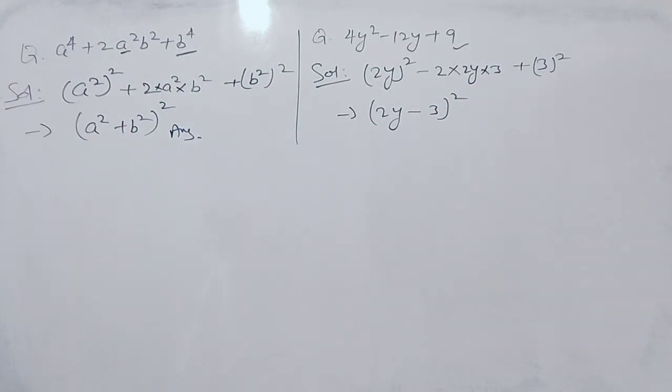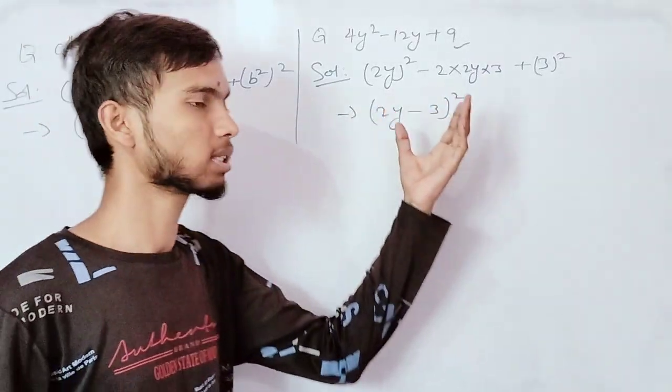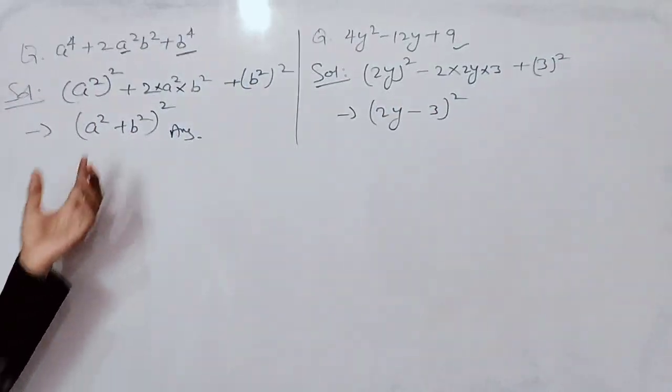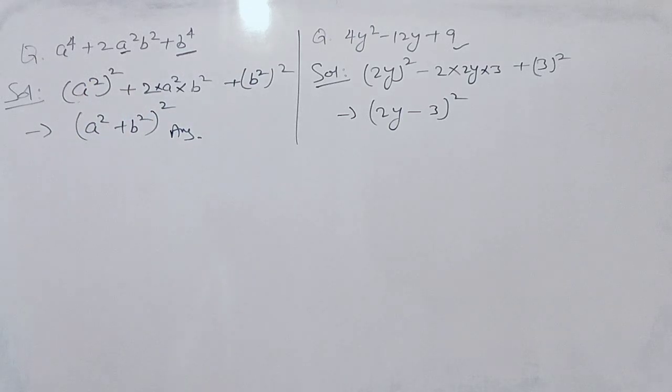That's it. Now here you can see it is a square minus 2ab plus b square, and here it is a square plus b square plus a square plus 2ab plus b square, isn't it? So here we applied algebraic identities.